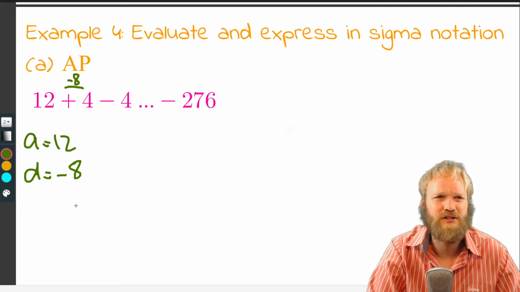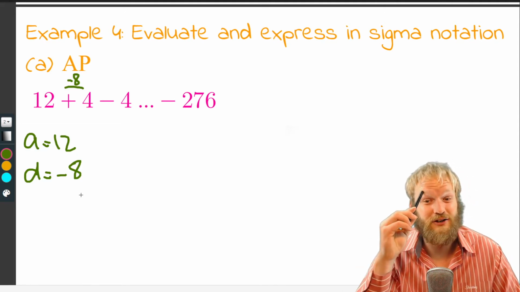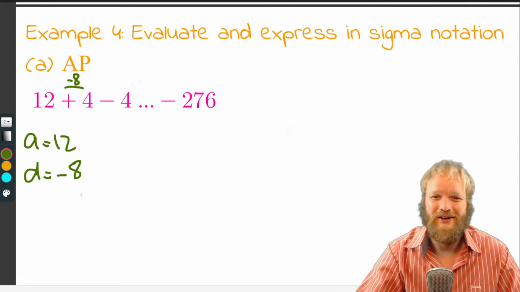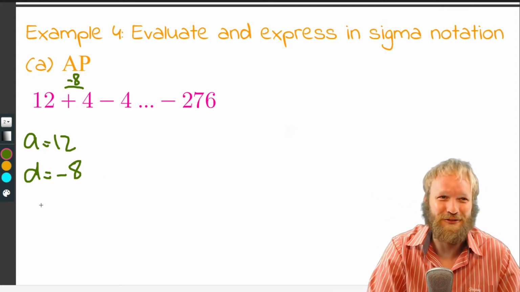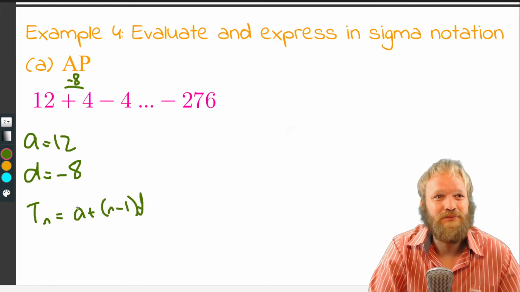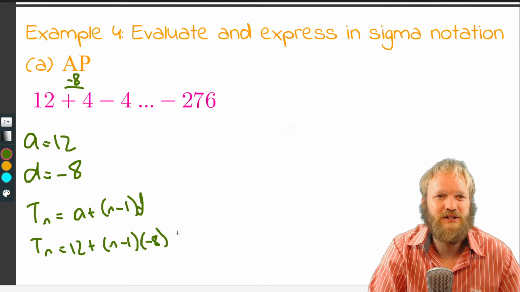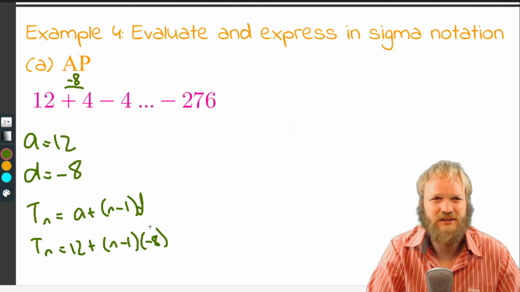How could we use this bit of information to help us, maybe with creating a general formula? Okay, so maybe we create a general formula, right? So we've got Tn equals A plus n minus 1 D. Okay, so Tn equals A plus n minus 1 times -8. Remember, always just pop this in brackets.